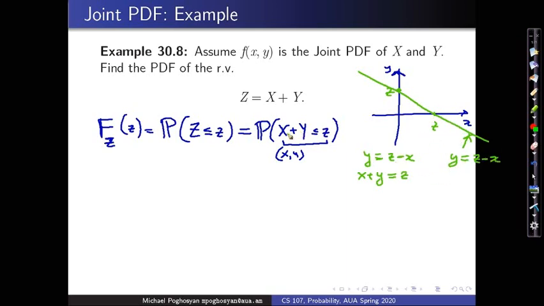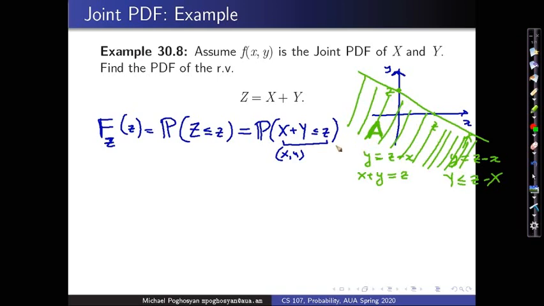So we need to consider the case where y is less or equal than z minus x. That means we are integrating over this region, all points under that line. This region is A. So this probability is equal to the integral over A of f of x,y dx dy.